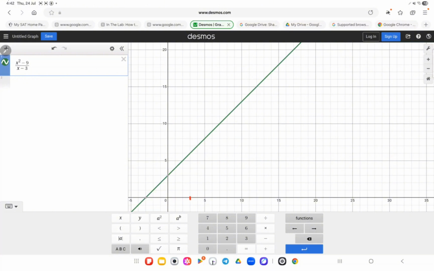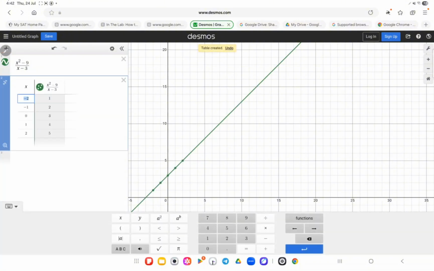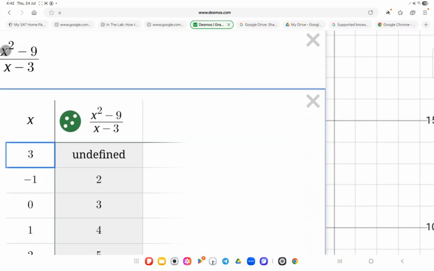There's no hole. But if you want to know if there's a hole or not using Desmos, I recommend using the table functionality. Let me show you. So here you can actually go to table, create table, and right now if you put 3, you get undefined. What's undefined?